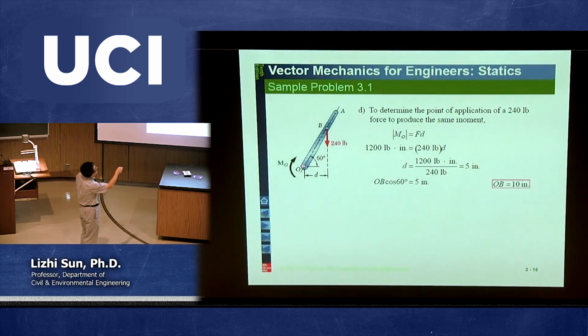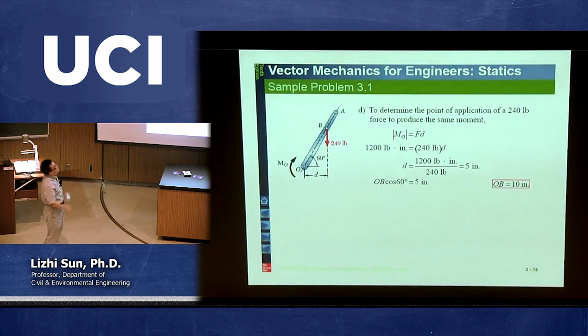So, you try to find out the location of point B. In other words, you need to calculate OB, the distance from O to B, to locate where the force is applied. So let's say OB times cosine of this 60 degree should be equal to D. So D, which is 5 inch, is equal to OB times cosine 60.